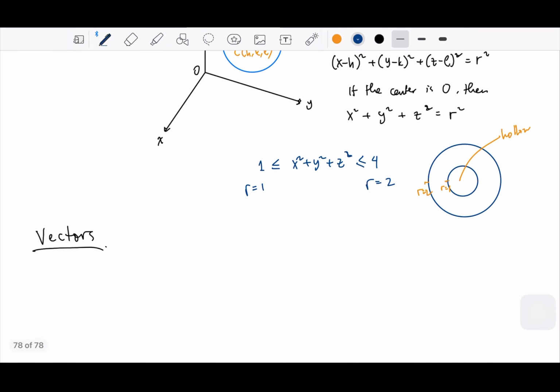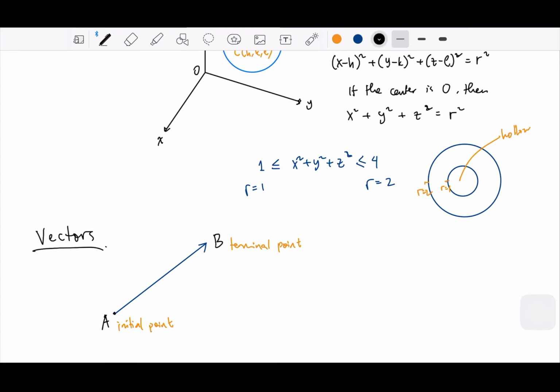Okay, maybe start with just some arrow like this, and let's say we have point A and point B. Usually we say that the point A here, we call this the initial point, and this is the terminal point.